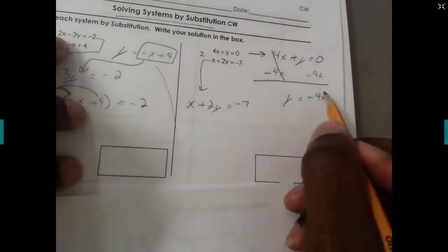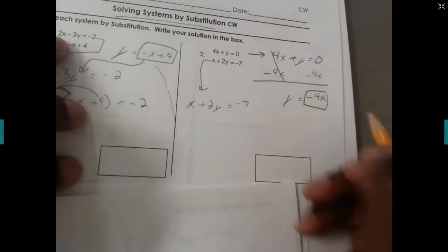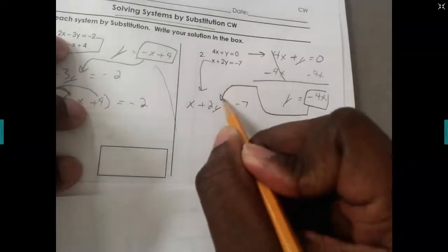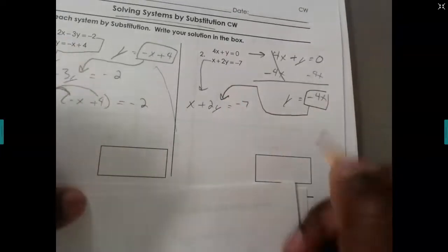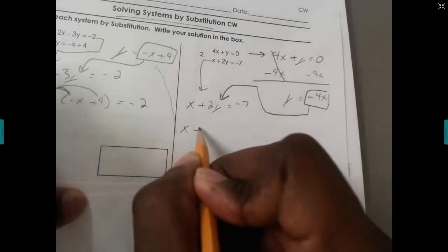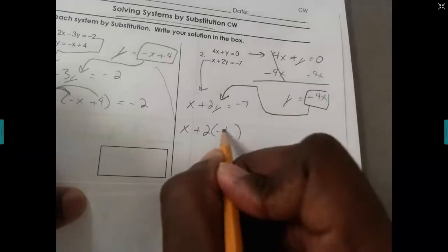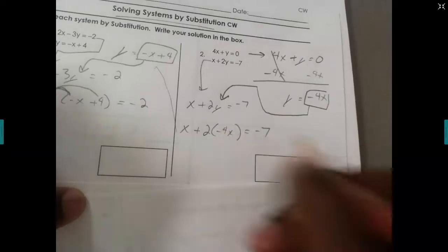And since I now know that y is negative 4x, I can take this y and replace it, or substitute it in for y. So it gives you x plus 2 times negative 4x. That's equal to negative 7.